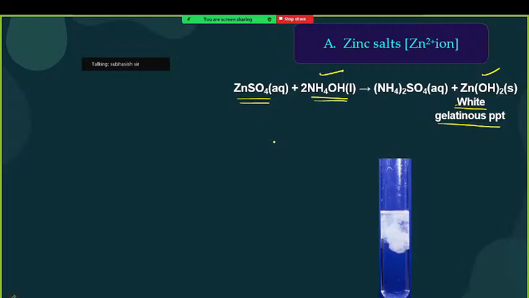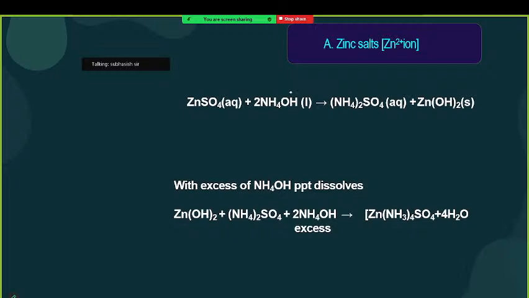But another important observation is that zinc hydroxide dissolves when excess ammonium hydroxide is used, forming a soluble complex.